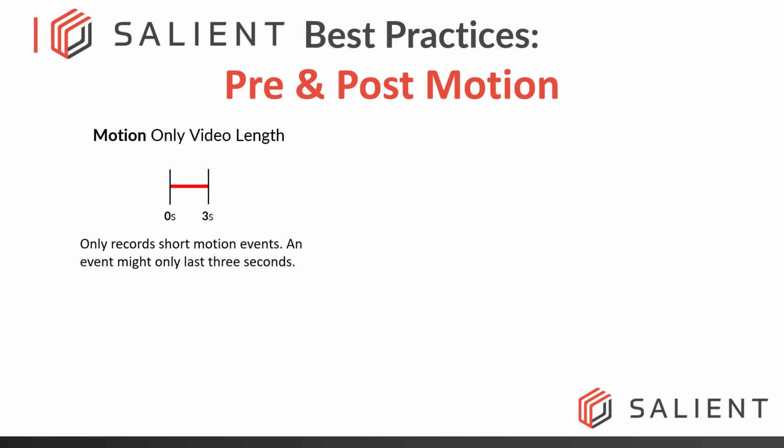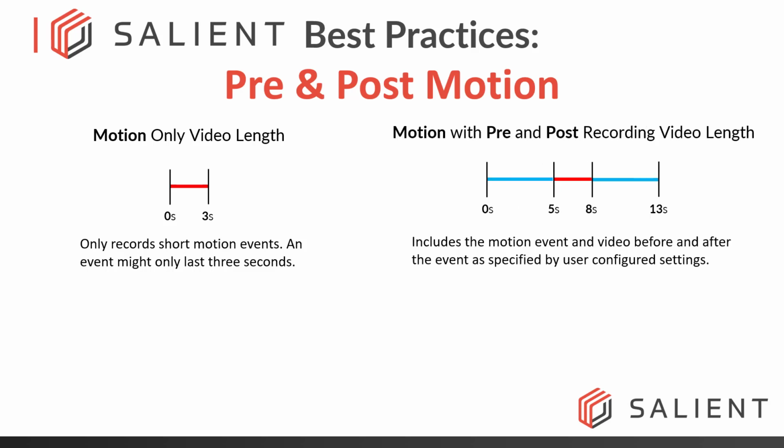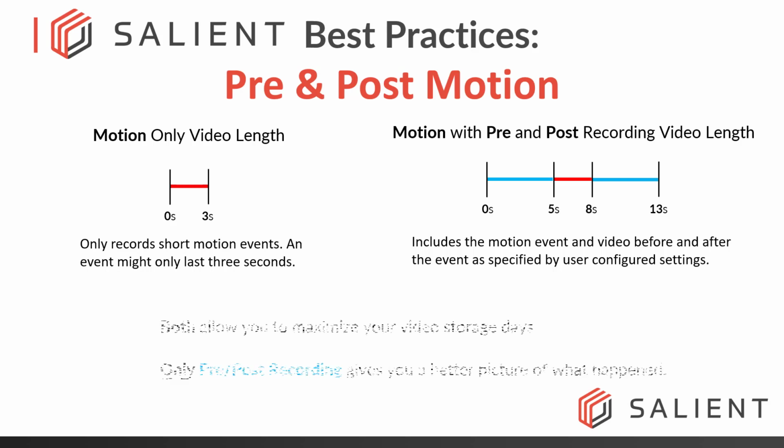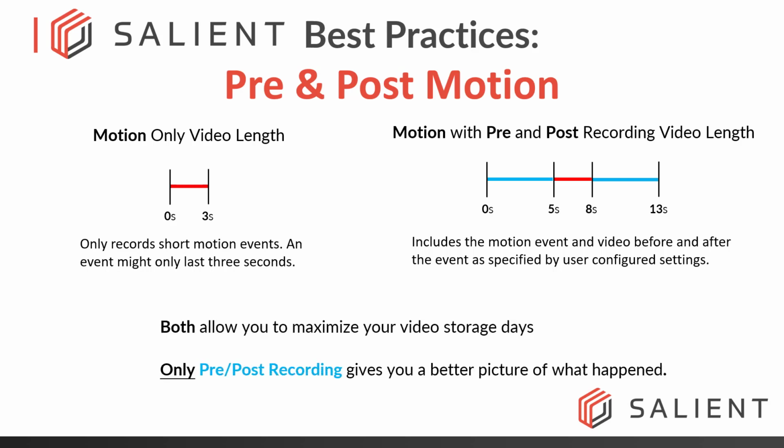Using the configuration we just finished, our server will not only capture the 3-second motion event, but it will add 5 seconds of pre-recorded video at the beginning and 5 seconds of post-recording at the end. This results in a 13-second motion clip that shows us what happened before, during, and after the motion event was triggered.